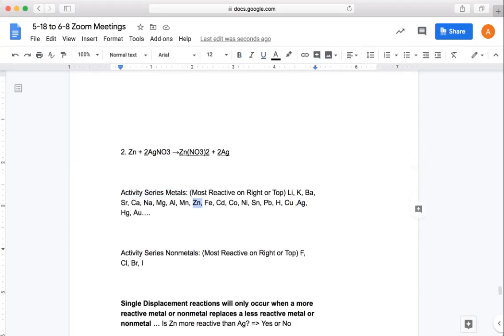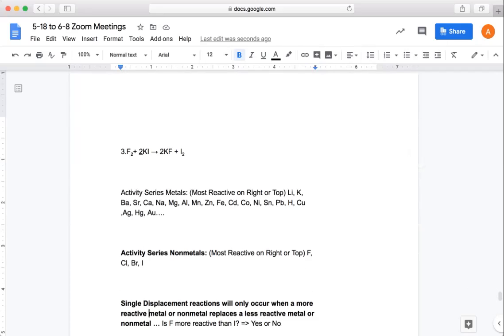It is located above silver on the traditional activity series, which I posted in Google Classroom, and on this reproduced activity series, it is to the left and above Ag. Therefore, this reaction will occur. The zinc will react with the nitrate ions, and this is the correct stoichiometric balancing for this reaction. So please take note of this. Moving on to the next problem.